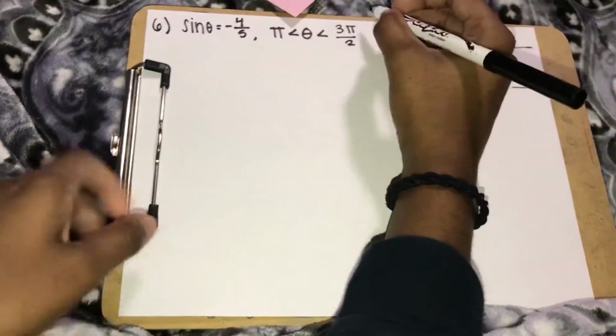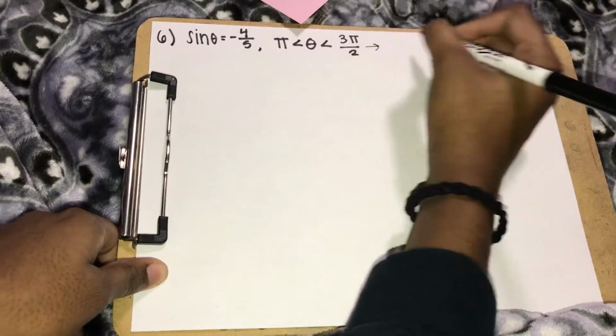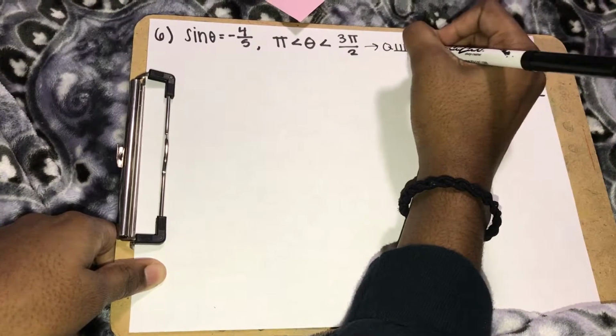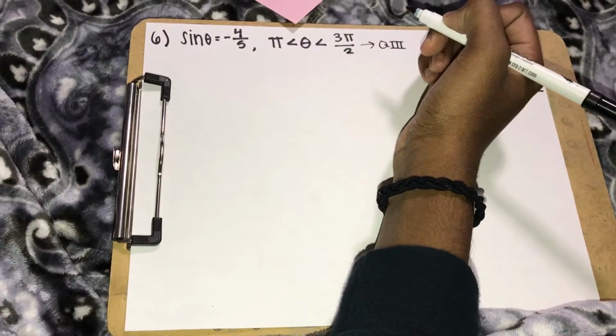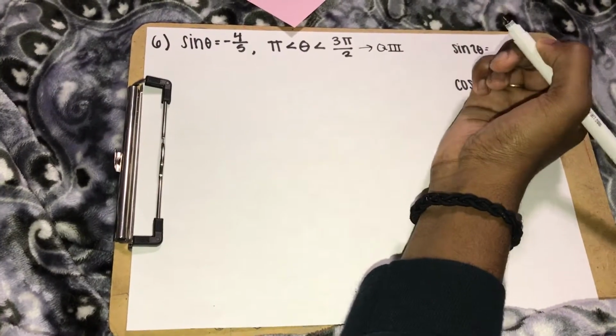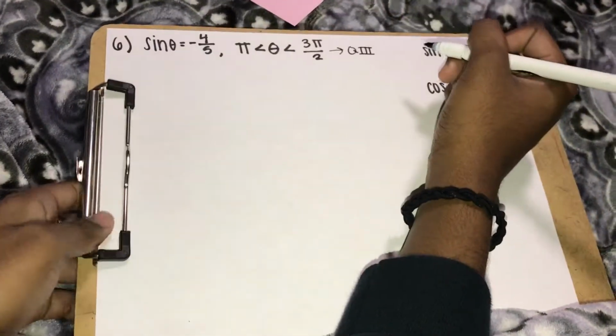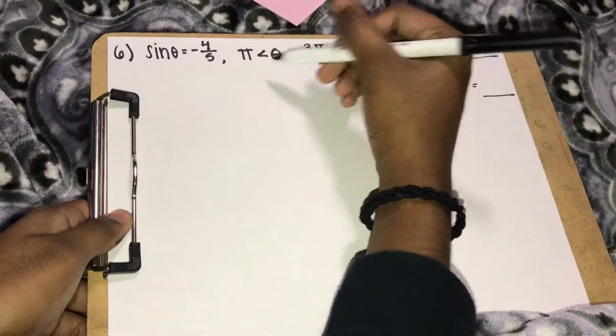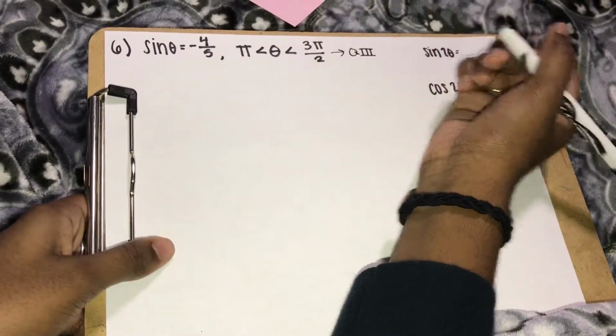So off to the side, just to make life easier, you can write in Q3. Now that you have that, you can go ahead and draw your triangle. Since it's in quadrant 3, both the sine and the cosine are going to be negative.